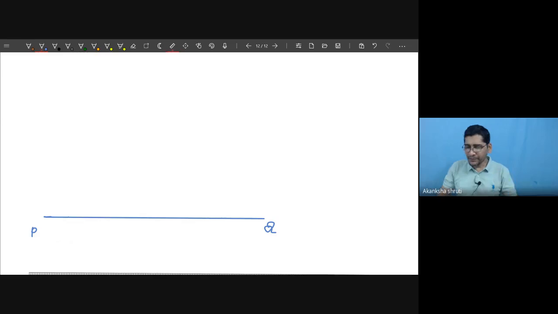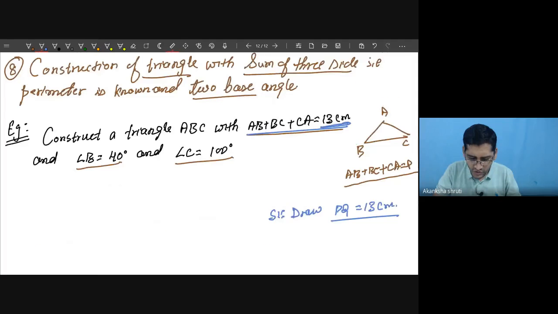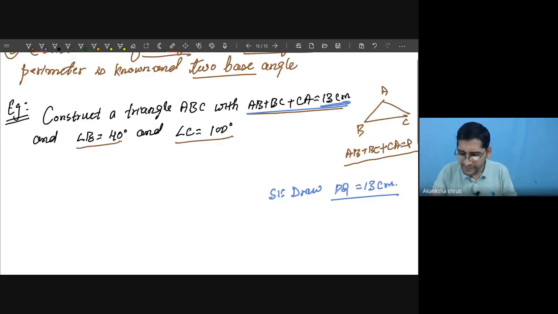Now at P you have to make one of the angles, that is 40 degree, and at Q you have to make the other angle, and then all three points ABC we have to allocate, that we will get. See how?